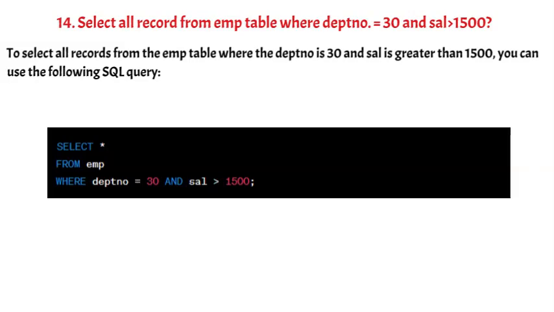The and operator is used to combine multiple conditions in the where clause. In this case, it selects records where the department number is 30 and the salary is greater than 1500. The asterisk selects all columns from the Emp table, so the result will include all columns for the matching records.